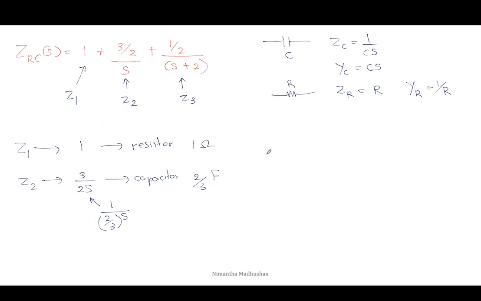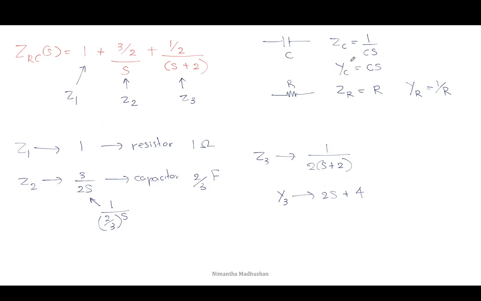Then I consider the last impedance, Z3. It is 1 over (2 times s plus 2). For this one, I consider the reciprocal of this value. That means the admittance Y3. We can get the admittance value 2s plus 4. If we consider the first part of the admittance, it is equal to 2s.